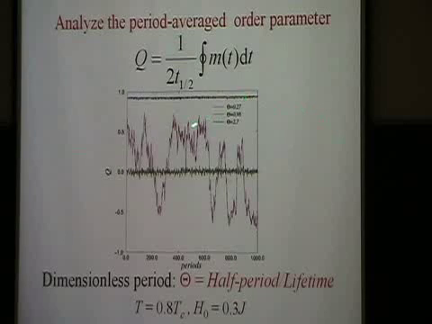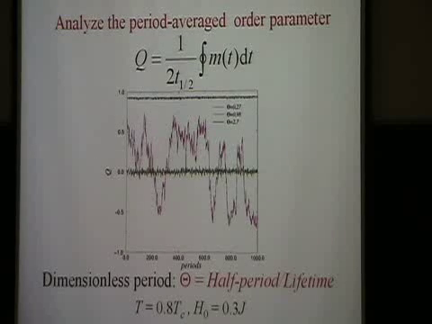But at an intermediate frequency, and this is very close to what I'm going to tell you is the transition, the critical one, we see this sort of wandering, where the dynamic order parameter wanders in a rather random fashion, but quite slowly actually, back and forth. So essentially what you're seeing here is critical slowing down near the critical frequency.